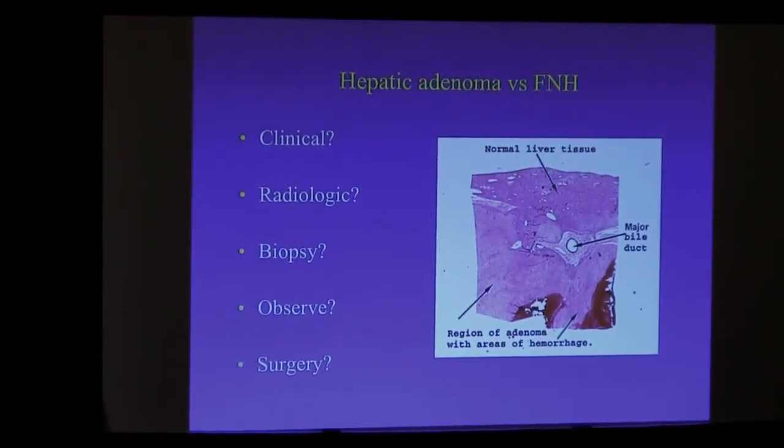And vice versa, if you have an FNH and the needle enters in an area that has no bile ducts, the pathologist is going to call it an adenoma. So this is not always helpful.